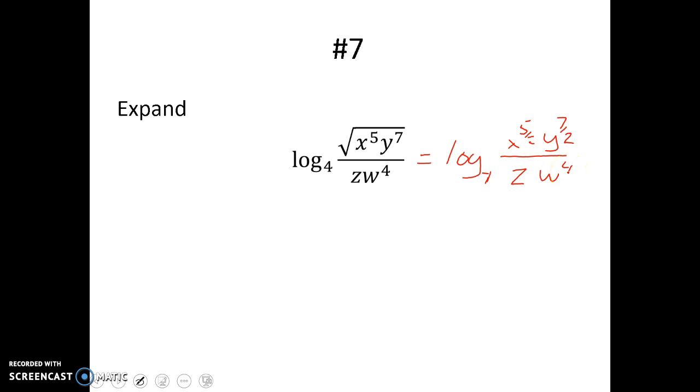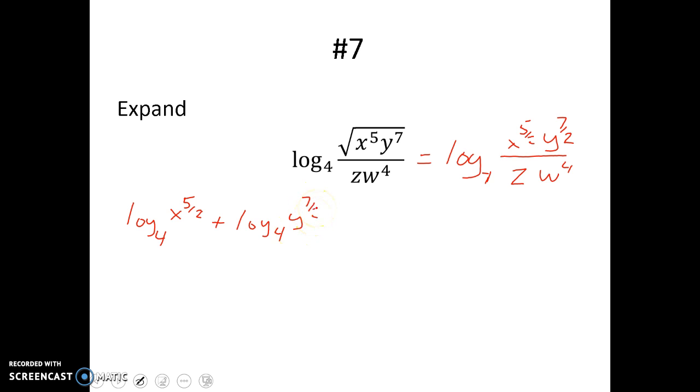So a couple ways that I can do this. I'm just going to take all three of these, and I'm going to write 4 separate logarithms. The first one is going to be the log base 4 of x to the 5/2. Then I'm going to add to that, because this is in the numerator, I'm multiplying, the log base 4 of y to the 7/2.